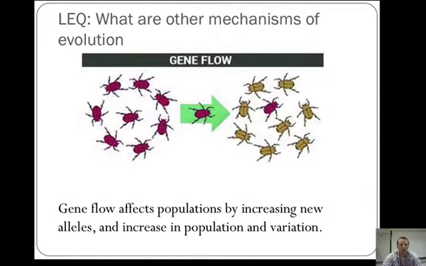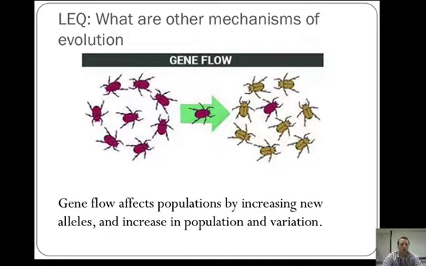And then it has a tendency to affect populations, but in a different way than genetic drift. Because in gene flow, you increase the population by adding new alleles, and it also causes increased variation. So notice now, you have this population of purple bugs, and then you're adding a purple bug into this population of brown bugs.